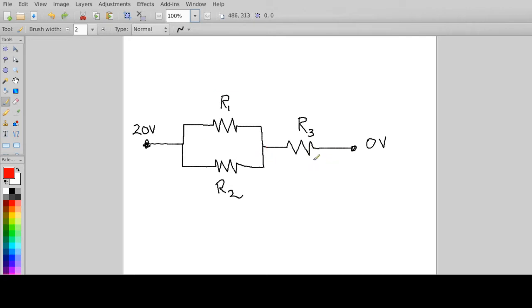So that's not where you want to start. You want to start with these two right there. Those two are purely in parallel, with no extra junction that breaks the parallel. We're going to call the effective resistance of both of these R1,2, and they are in parallel.